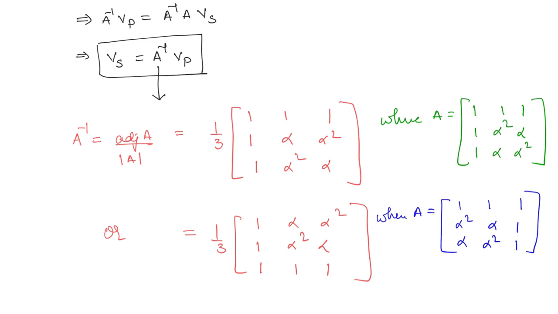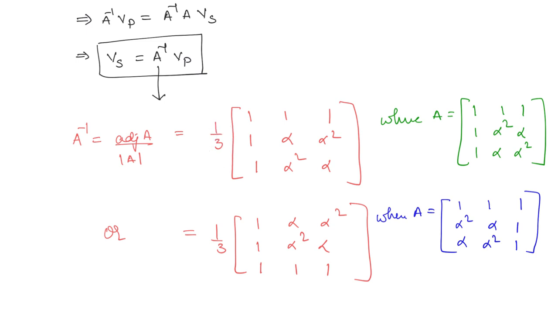Now here you can see when you are taking the first notation, A is this matrix, right? If you compare A and A inverse, the first row is the same; in the second row 1 is in the same position, and alpha and alpha square are interchanged, right? Even in the third row 1 is the same and alpha square and alpha are interchanged, and you have an additional 1 by 3 here.